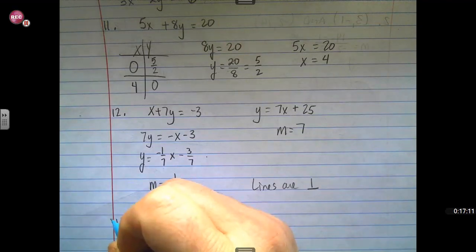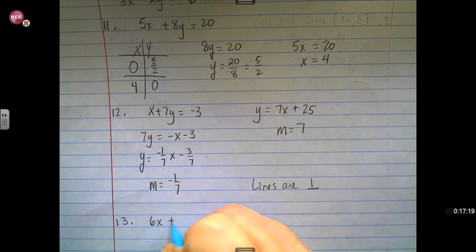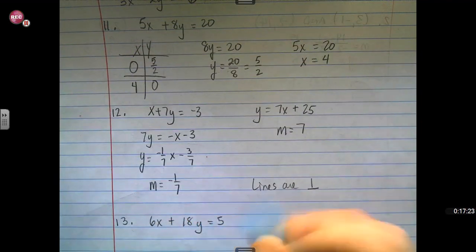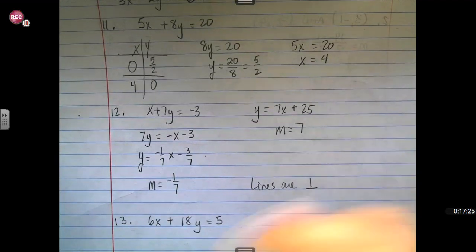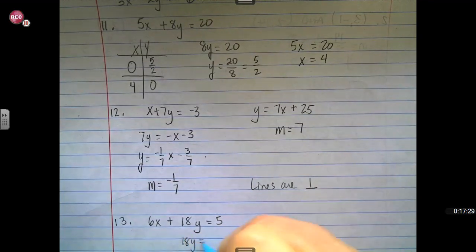says which lines are perpendicular to the line 6x plus 18y equals 5. So what I'm going to do is I'm going to find the slope of this line. So I'm going to have 18y equals negative 6x plus 5.